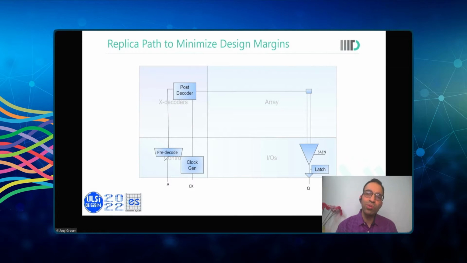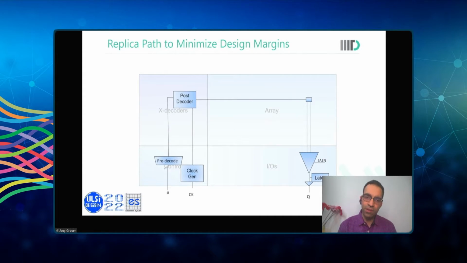Let me take you through another journey. In SRAMs, we also have what is called a replica path. You remember the figure that I showed you a little while back, where the clock would come and we would generate the word line, the differential would appear, and we would activate the sense amplifier. In my previous discussion, I had consciously not talked about what would activate the sense amplifier.